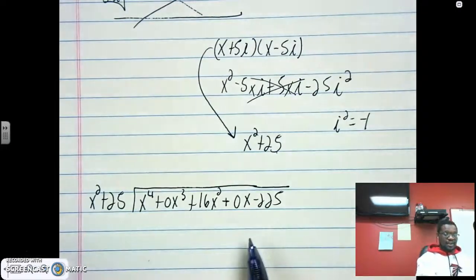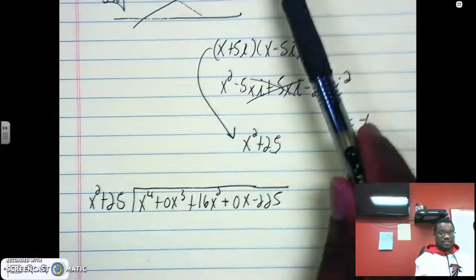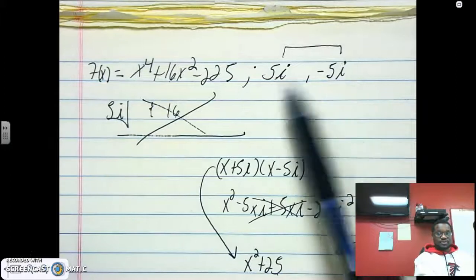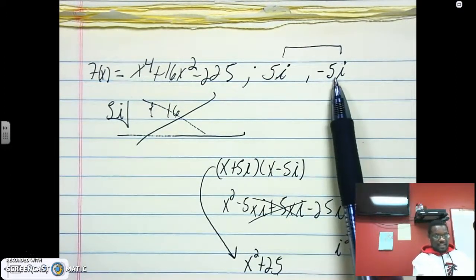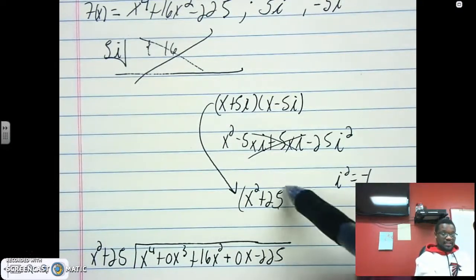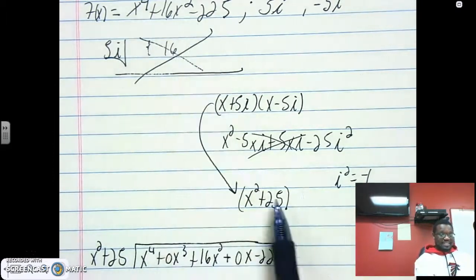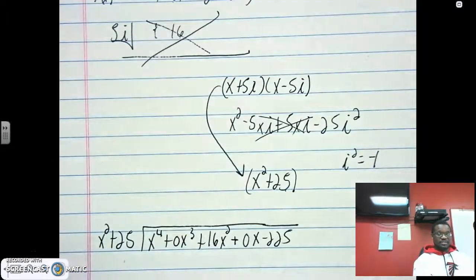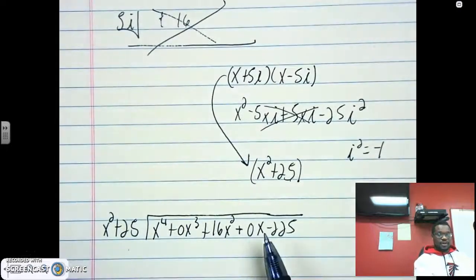Because I need to figure out the rest of the zeros. If I know that these two are zeros, I was given this one, but I automatically know that this one is a zero. I multiplied and found out that this polynomial is a factor of the original equation. So I take that and divide it into the original equation. But remember, if you're missing cubes or the first power, you need to put the 0 in its place.